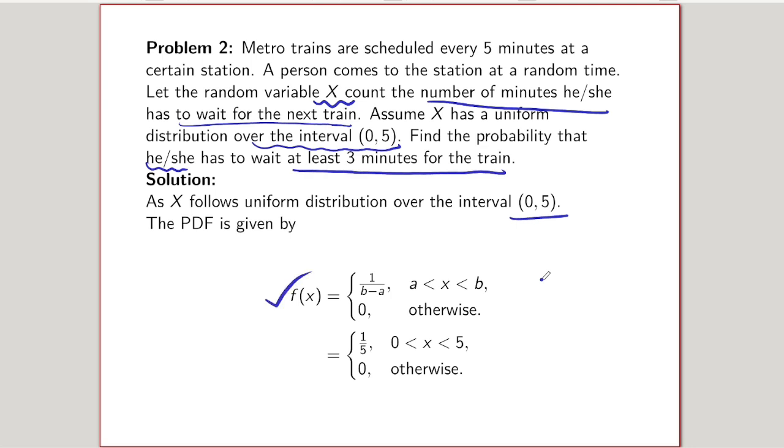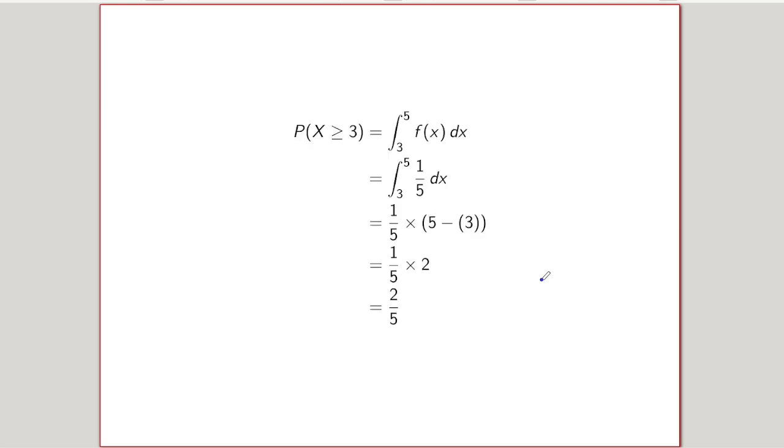So PDF f(x) will be 1/(b - a), which is 1/(5 - 0), which is 1/5. So the range is from 0 to 5. The question asked is to find the probability that he or she has to wait for at least 3 minutes before the train. The train arrives every 5 minutes.